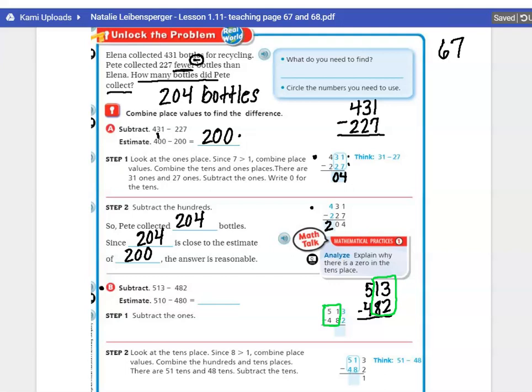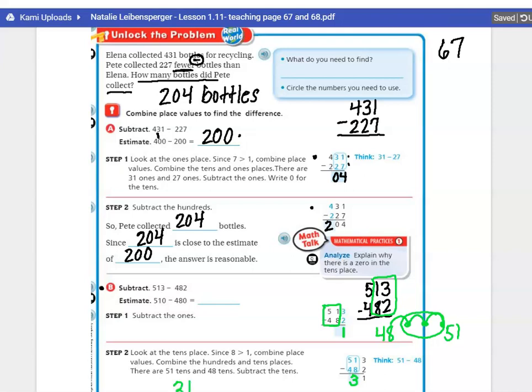If I think of them on a number line, I have 48, and I jump up, so I would count 49, 50, 51. And I see there's a difference of 3 there. So I'm going to subtract 3 minus 2, which would equal 1. And then I'm going to bring my 3 down. And I know my answer then, the difference, is 31.